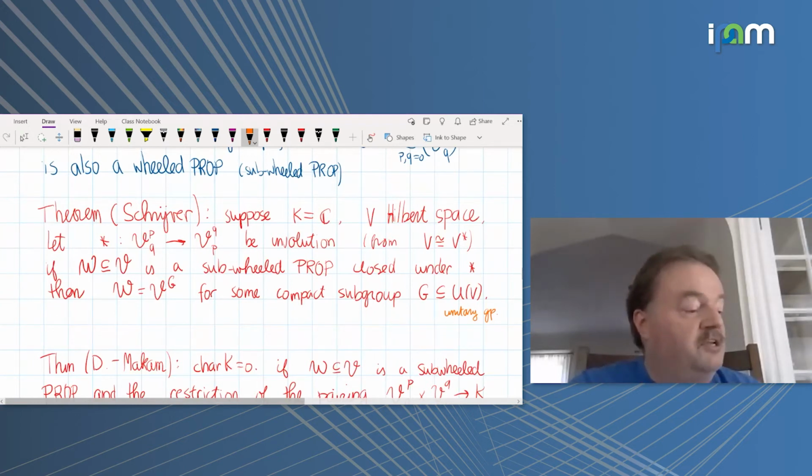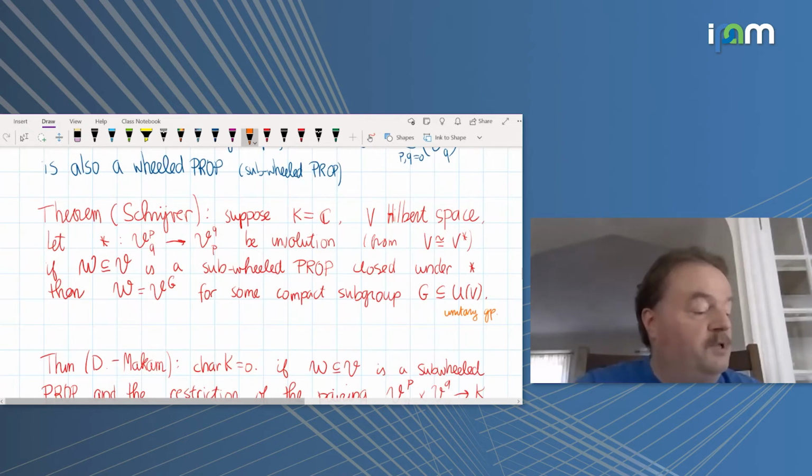This is somewhat like a converse. Before, we saw that if you take the G-invariant tensors, then that's the subwheeled prop. The converse in this situation is also true, with some modifications.